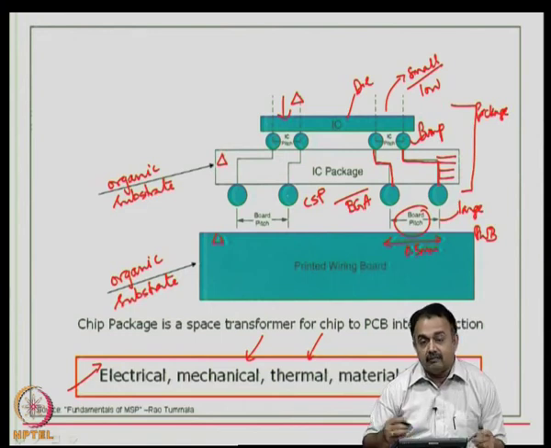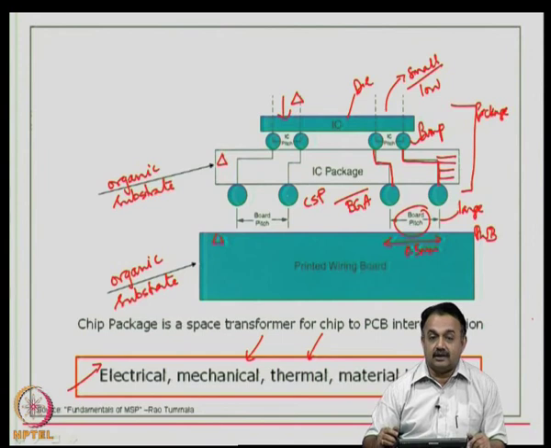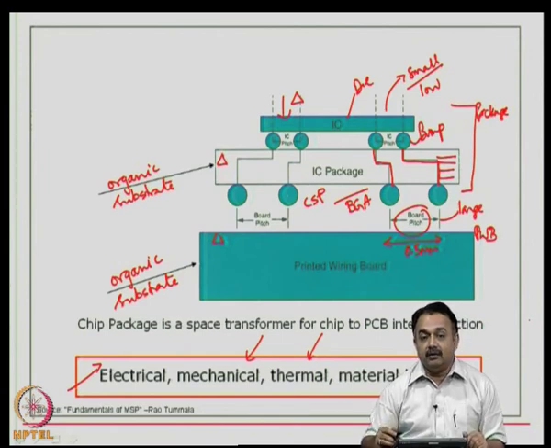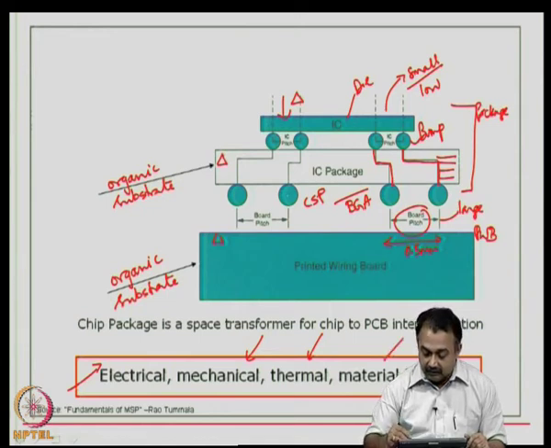Mechanical issues like vibration or mechanical shock just by dropping, then there can be shocks that can be transferred to the solder bump or the solder joints at the PWB, which can result in an electrical failure. And then materials issues.